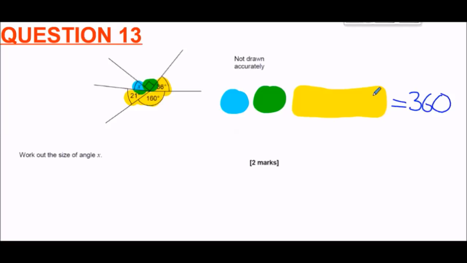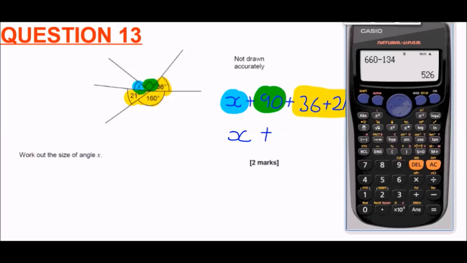And so we can get an equation in terms of x. X plus 90 plus 36 plus 21 plus 160. Now we can neaten the equation up slightly. So we can work out what 90, 36, 21 and 160 all comes to. So we may as well do that now.